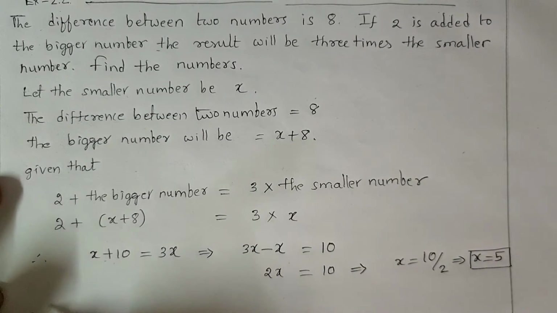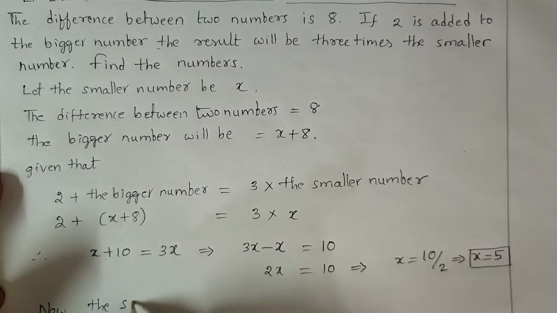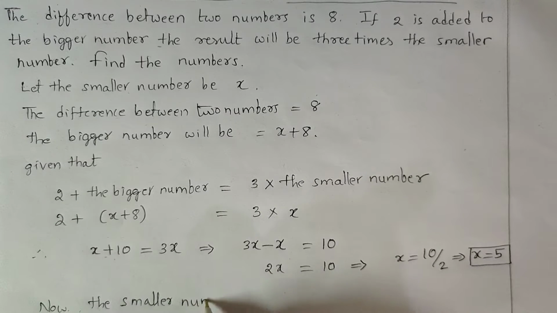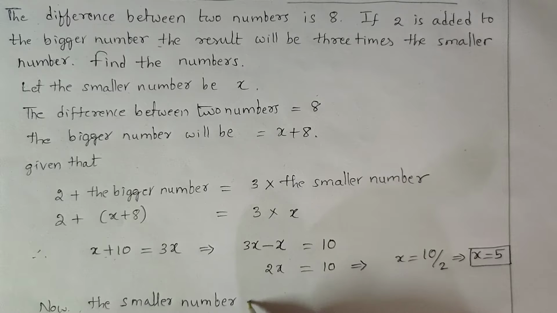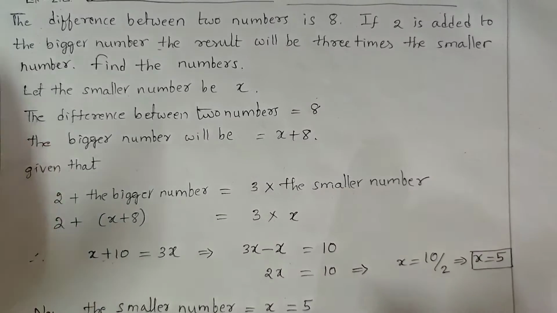So the x value is 5. So now the smaller number is x and the x value is 5. So write 5.